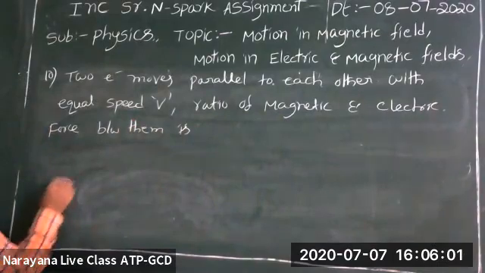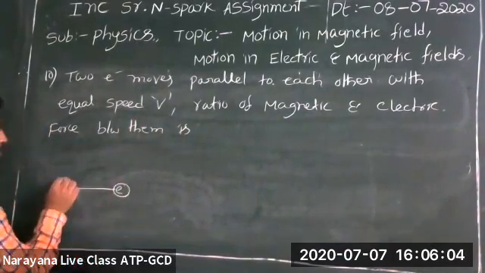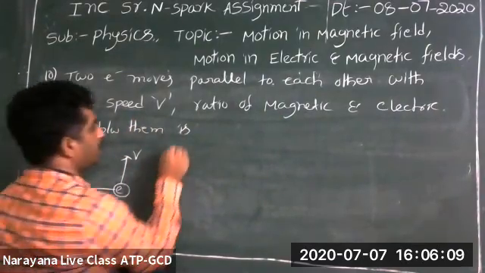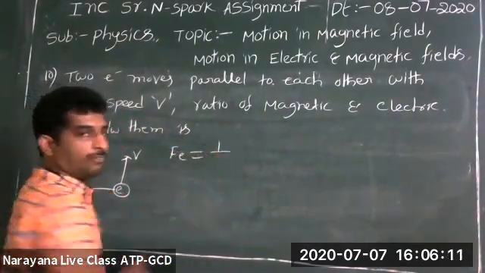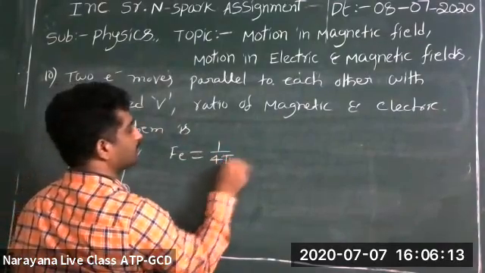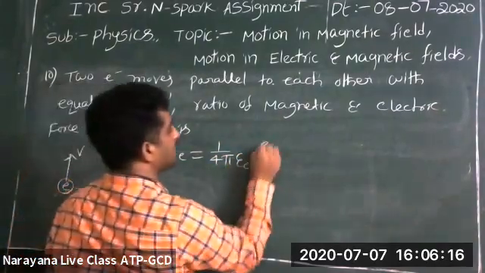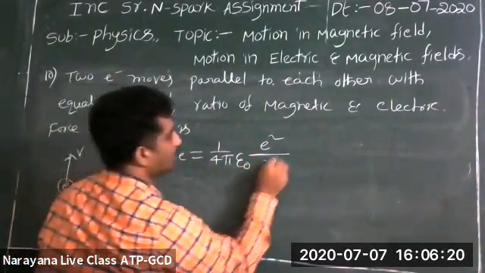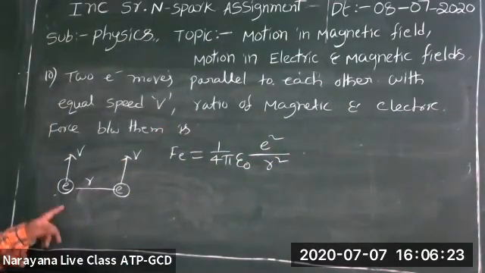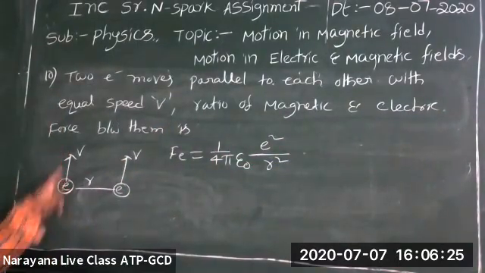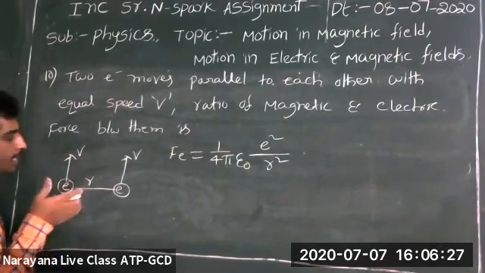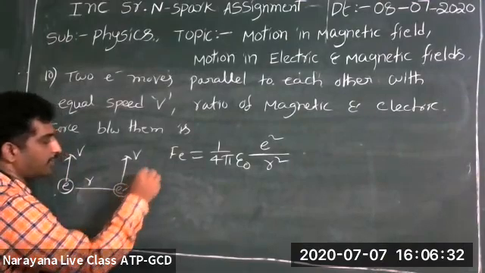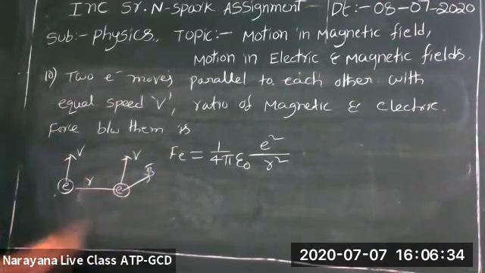So two electrons e and e move with same speed. So electric force is 1/4πε0 Q1 Q2, that means e square by some distance taken R square. Now according to Fleming left hand rule, and Ampere's law, the magnetic field is acting on this charge.